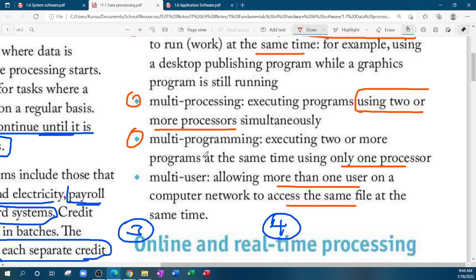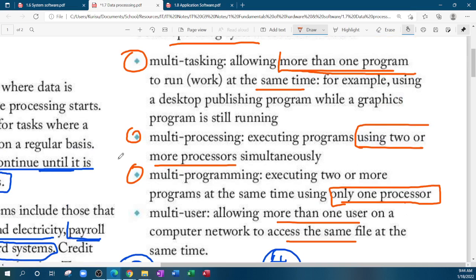Now, the third, multi-programming, executing two or more programs at the same time, but it's using only one processor. So this is actually in relation to multitasking. It's kind of like multitasking. I'm not trying to say the same.